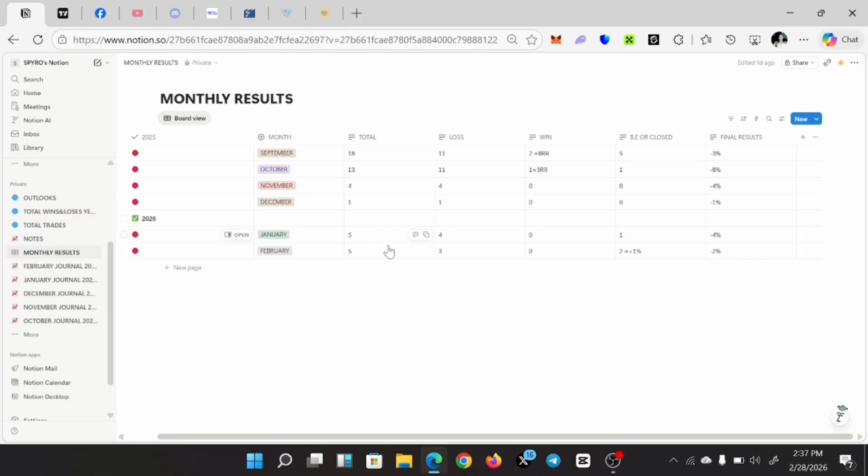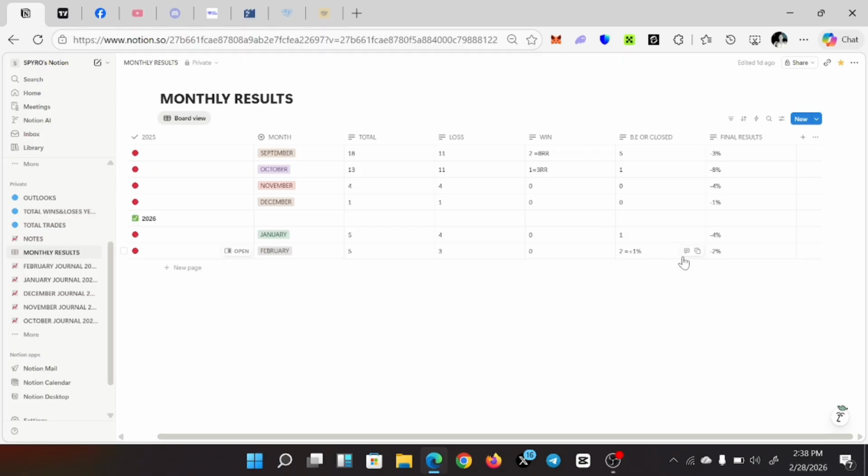I took 5 trades in January and 5 trades in February. In January, I had 4 losses, and in February, I had 3 losses. In January, I had 0 wins, and in February, I had 0 wins. Then in January, I had 1 break-even, and in February, I had 2 break-even, equaled plus 1%. With that break-even, I was able to make 1% from it.